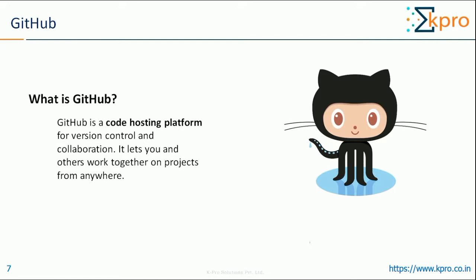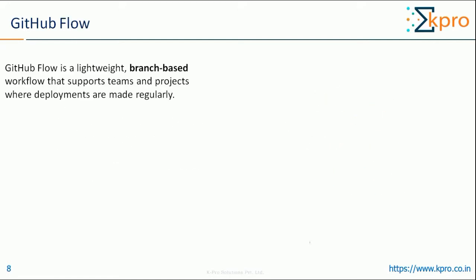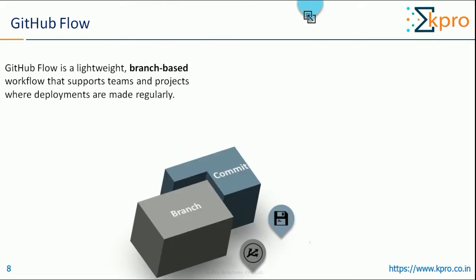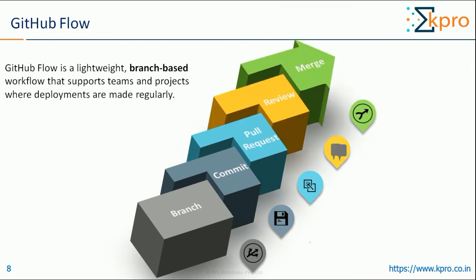Let us understand how the activities flow in GitHub, a code hosting platform. The flow is branch based. There will be a main branch, and at any point of time it should contain stable code.